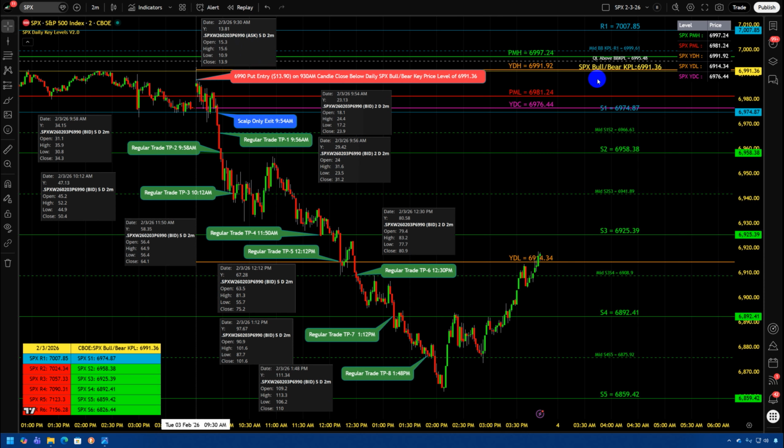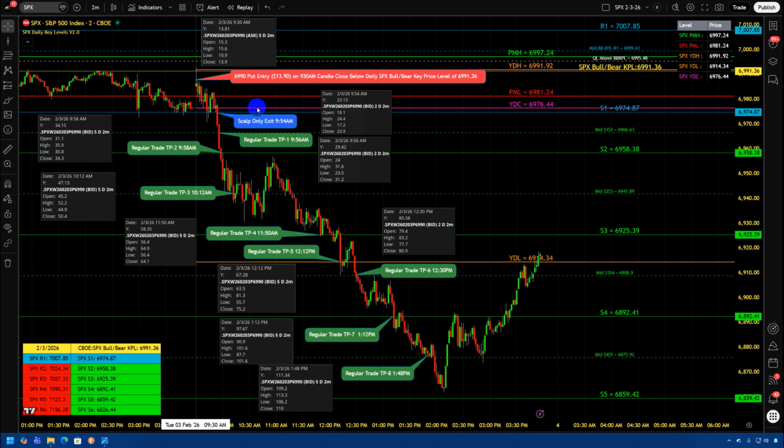And since we're in a bearish play here, that is going to be the 69.90 put. Now on the close of this 9:30 a.m. candle, which closes at 9:32, the ask is $13.90. So that is the entry on the 9:30 a.m. candle close below the daily bull bear KPL level.